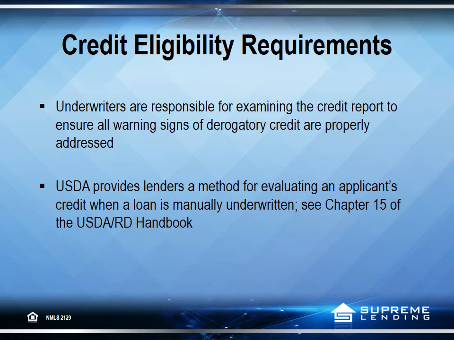Underwriters are responsible for examining the credit report to ensure all warning signs of derogatory credit are properly addressed. The USDA provides lenders a method for evaluating an applicant's credit when a loan is manually underwritten. See Chapter 15 of the USDA Rural Development Handbook.